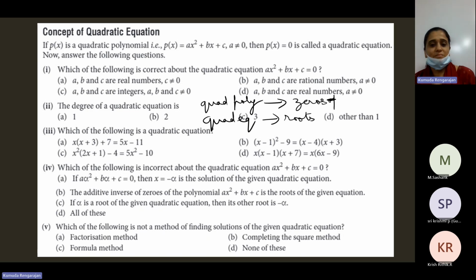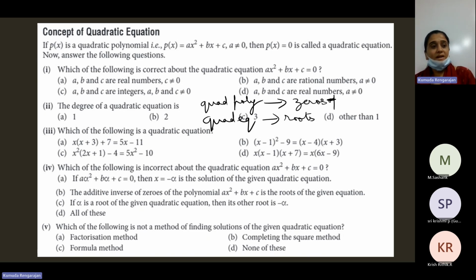The values will be the same. When we use the term quadratic polynomial, we say zeros of a quadratic polynomial. 1 and 2 are the zeros of the quadratic polynomial. But when we say equation, we say 1 and 2 are the roots of the quadratic equation. All right, so this is incorrect.